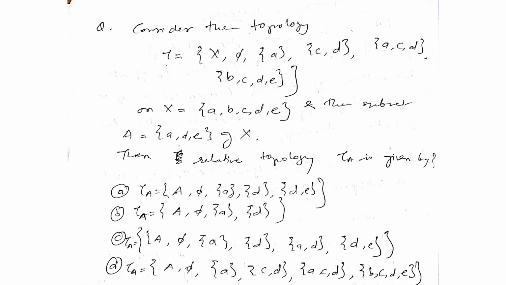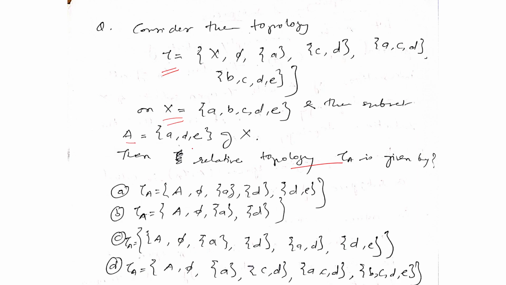This is tau, the topology given to you on the set X, that is {A, B, C, D, E}, and the subset A, that is {A, D, E}, of X. You have to find the relative topology tau A. You have the set X on which this topology tau is defined, and you have been given a subset A of X. Now you have to find the relative topology tau A on this set A.